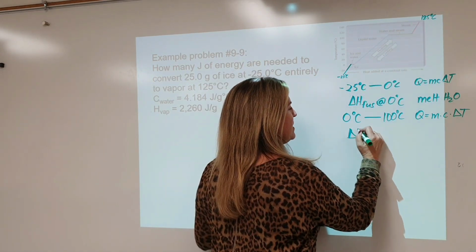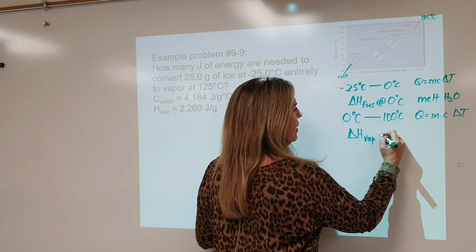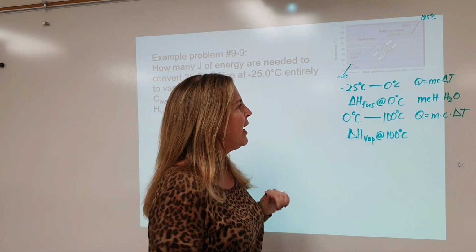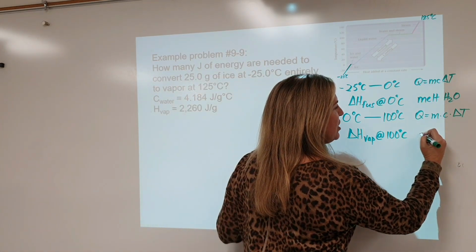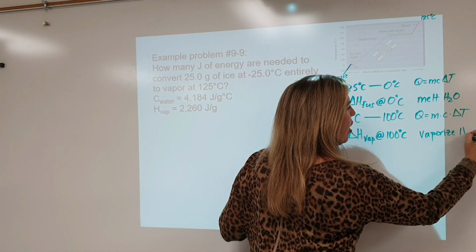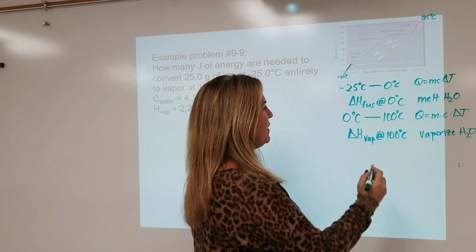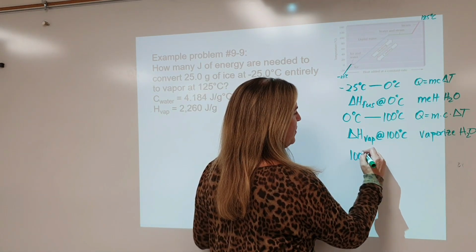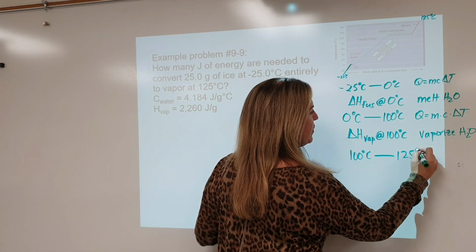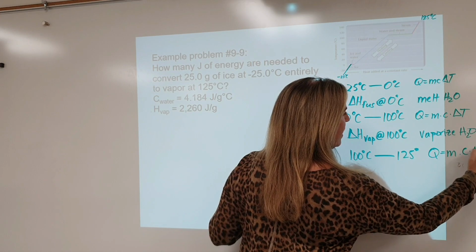So I'm going to use the delta heat of vaporization at 100 degrees Celsius, and that's going to be the amount of energy to vaporize all of that H2O. And then once I vaporize all of the H2O, we're going to go from 100 degrees Celsius to 125 degrees Celsius using Q equals M times C times delta T.